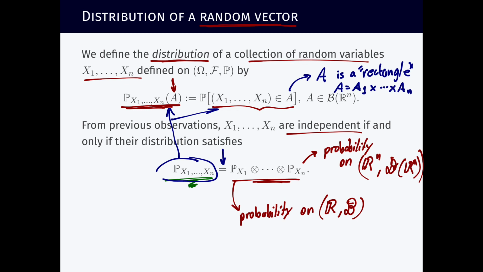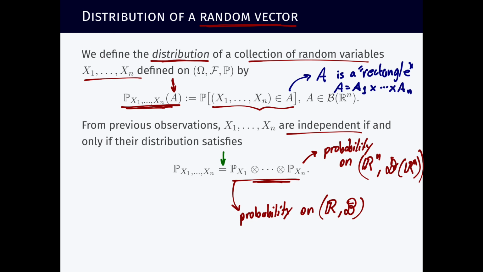But this is exactly what it means for a measure to be equal to the product measure of each of these probabilities. So there's nothing really complicated in the equality here, in the sense that there is really not much to justify. It's just a different way of thinking about independence, thinking about what it means in terms of measures.